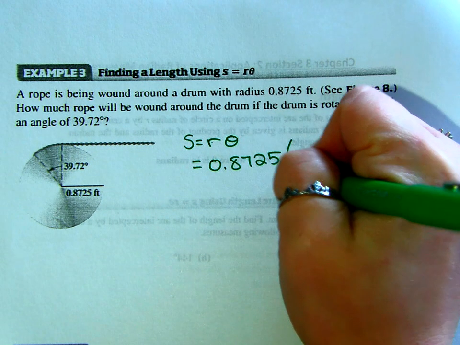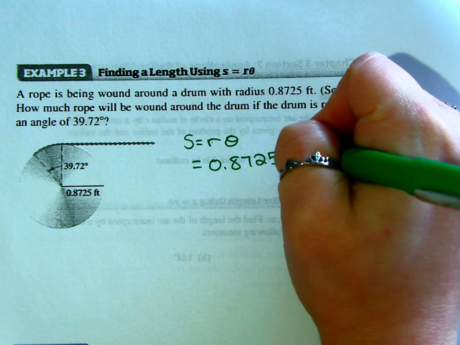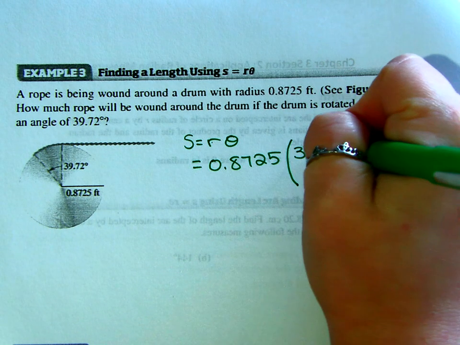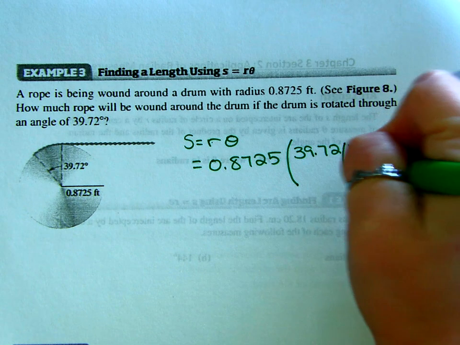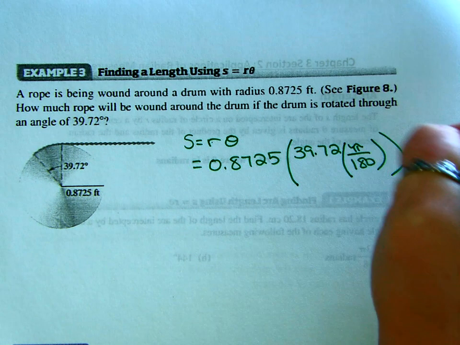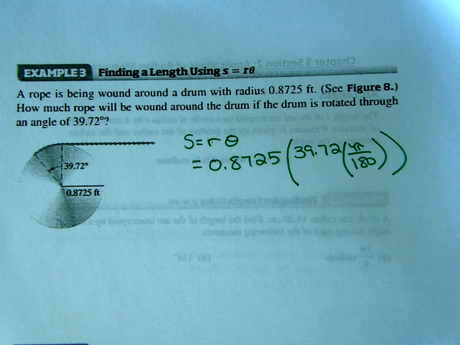So I would write down your degree, which is 39.72, and then to convert from degrees to radians, you would multiply by pi over 180. And I would leave it all as one big long expression instead of doing it by parts. Again, because if you type all this into your calculator it's only going to round or do the estimation one time instead of rounding multiple times and thus getting further and further away from the true answer.